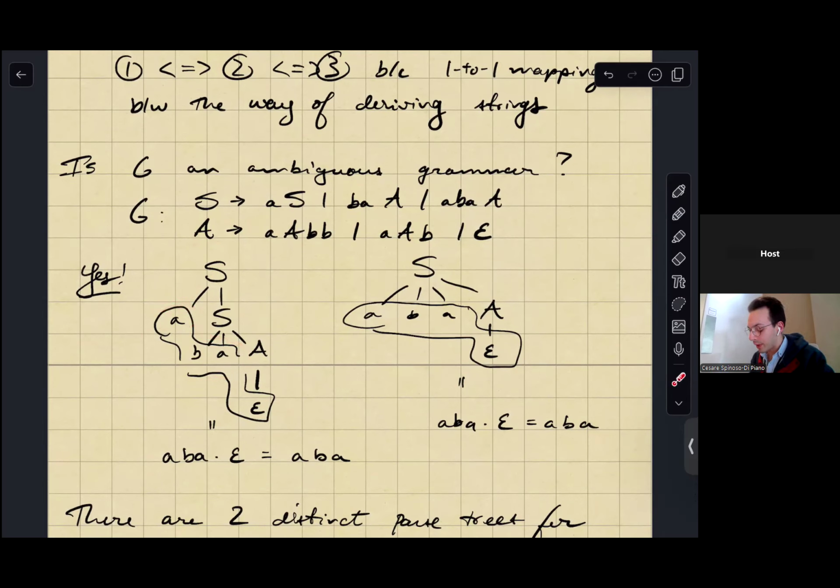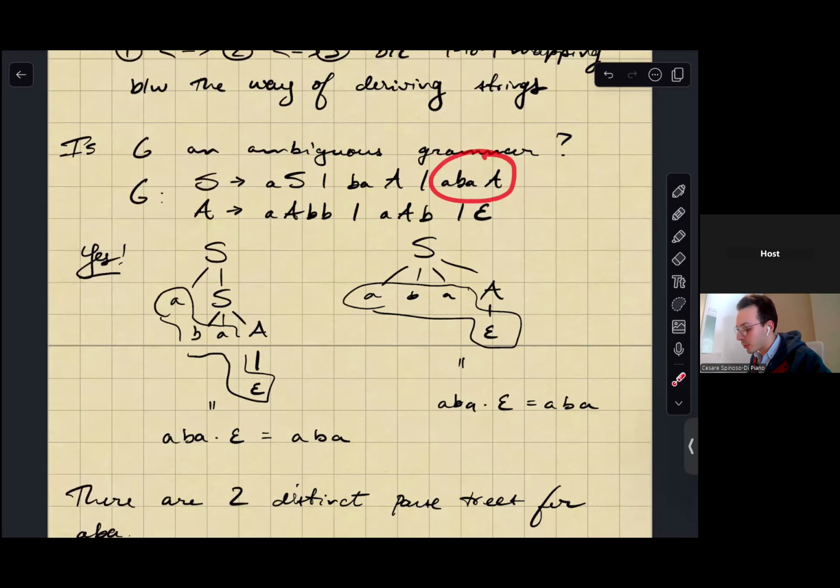That really just has to do with the fact that I have a redundant derivation rule, which is actually not needed, because if I want to generate ABA directly, I can just first generate the A and then the BA, right?